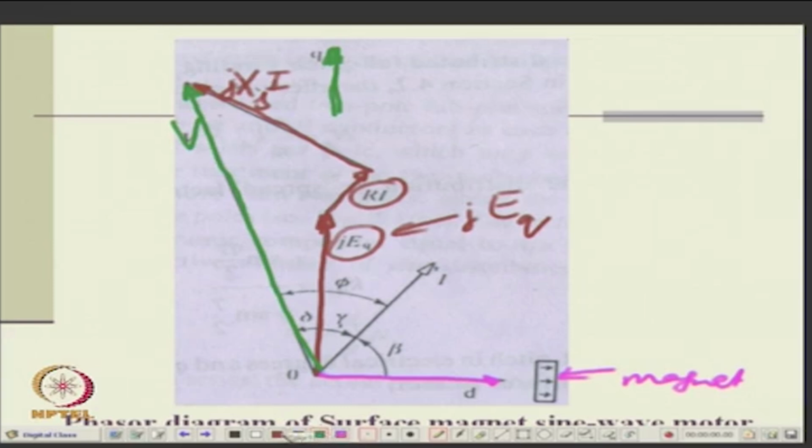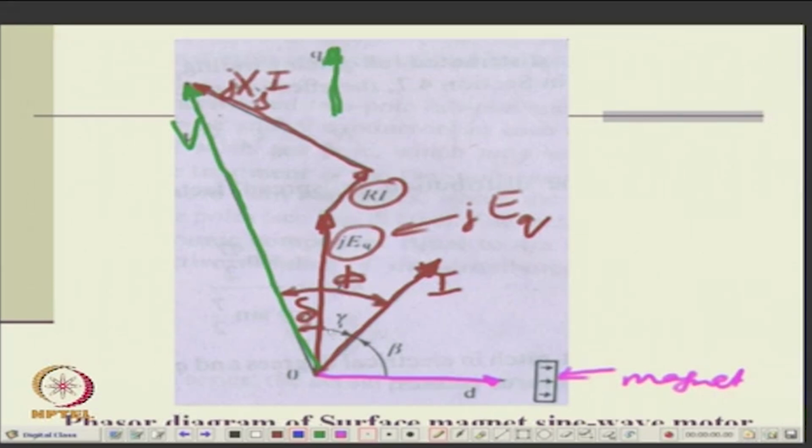So, if this is the current I, now the voltage to current phase angle is, let us say phi, current is lagging like this, and voltage to E, what is the angle, you call it as delta, that is the torque angle, right. This is also called the torque angle, V and E, okay.